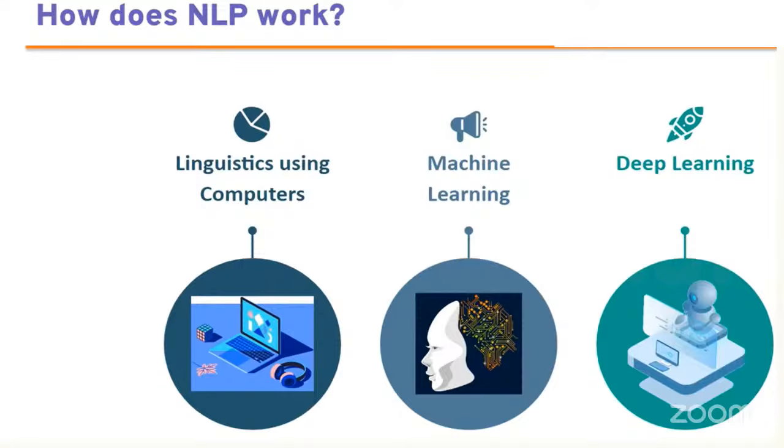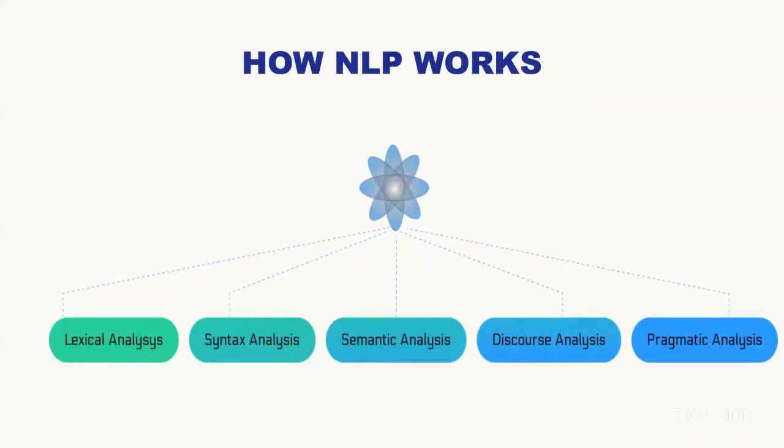So how are computers working on this NLP? Basically we categorize it into 3 steps, wherein it is going to take several steps when we dive deep into that. Basically it is taking linguistics using computers, machine learning and deep learning. On the top we see these are the 3 categories of work it does in NLP.